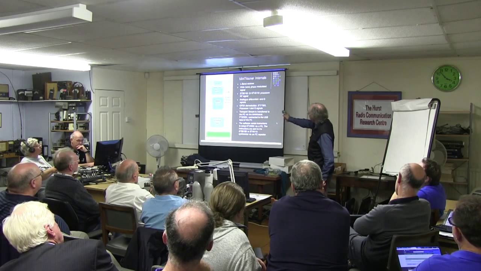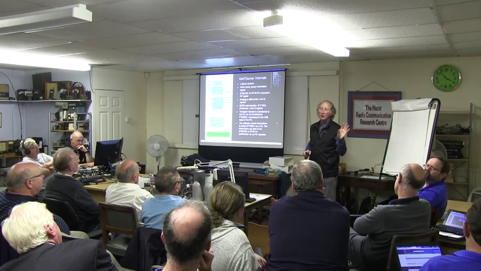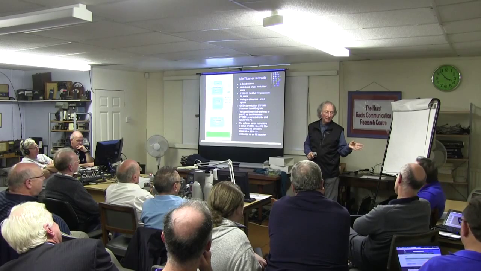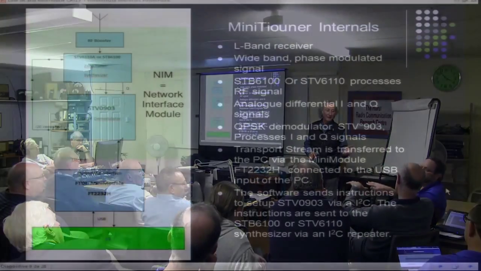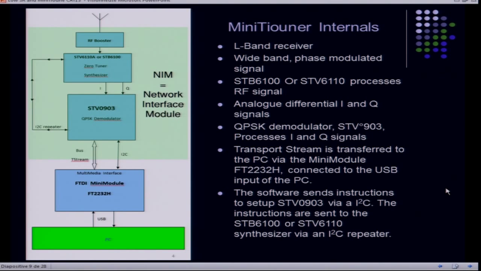So this RF booster gives you about 15 dB. No, because it was level independent. I was varying the noise level as well. Okay. But maybe. But inside the NIM, we have a RF booster.